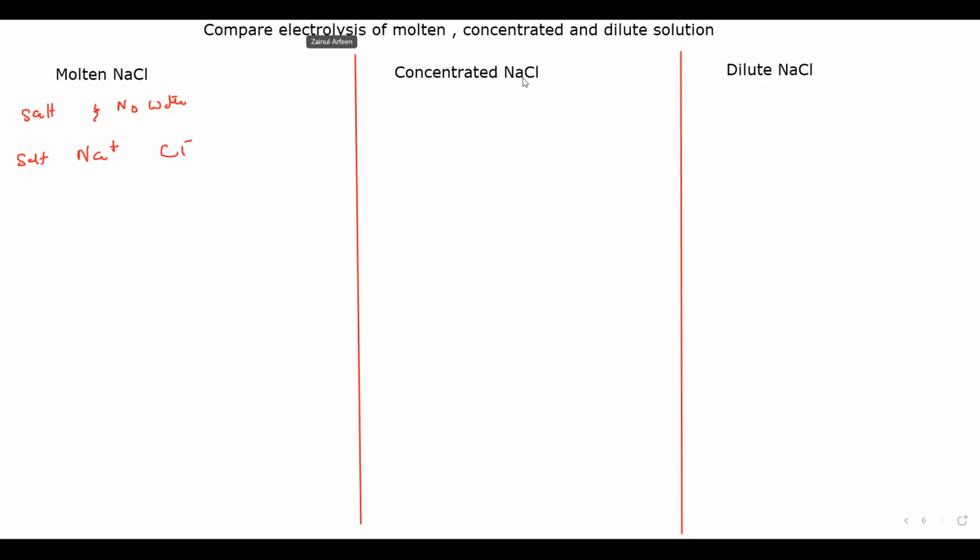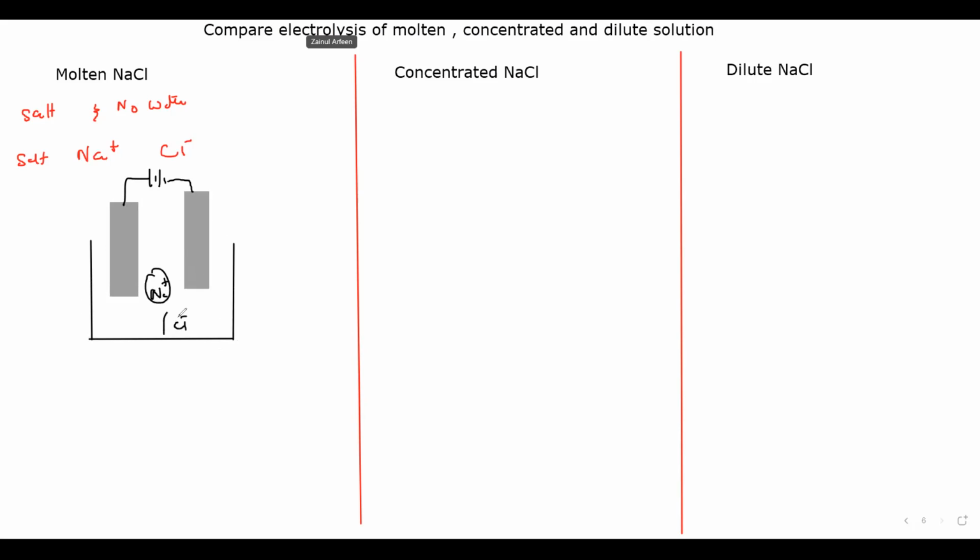So when we are doing electrolysis of the molten salt, using inert electrodes such as carbon, graphite or platinum, only two ions are present: sodium ion and chloride ion.